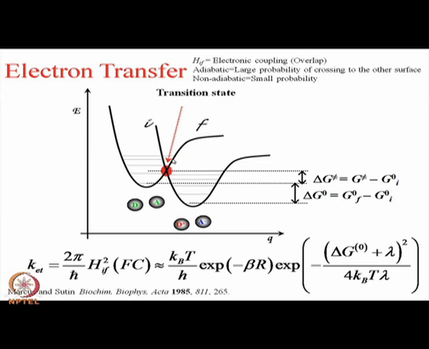In some cases, you will find that the crossing is there. HIF is the electronic coupling between these two, the initial state and the final state. This is DA state and this is D plus dot A minus dot. And this is your activation free energy.